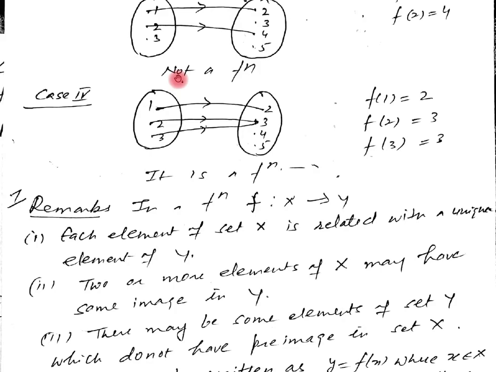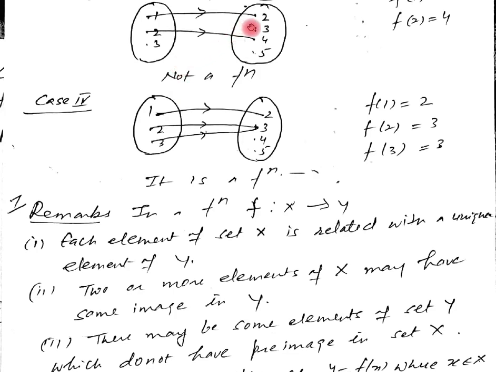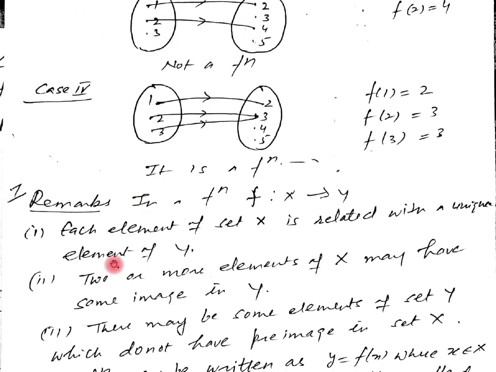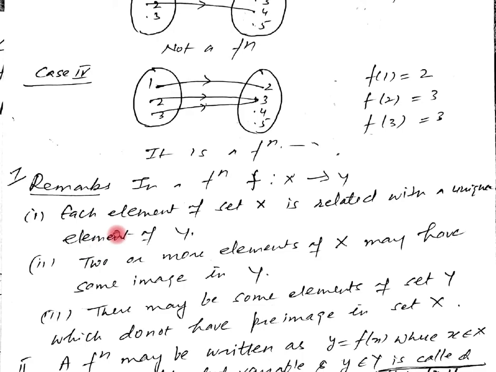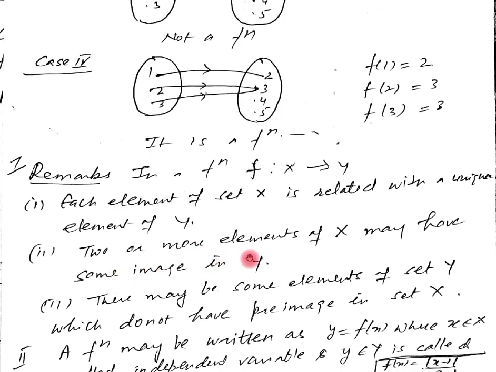Similarly, in this example, again these element 3 and 5 they don't have any pre-image in x, but it is a function. So therefore there are three conditions. The first is here, each element of set x is related with a unique element of y. Second is here, the two or more element of x may have same image in y, like this here.